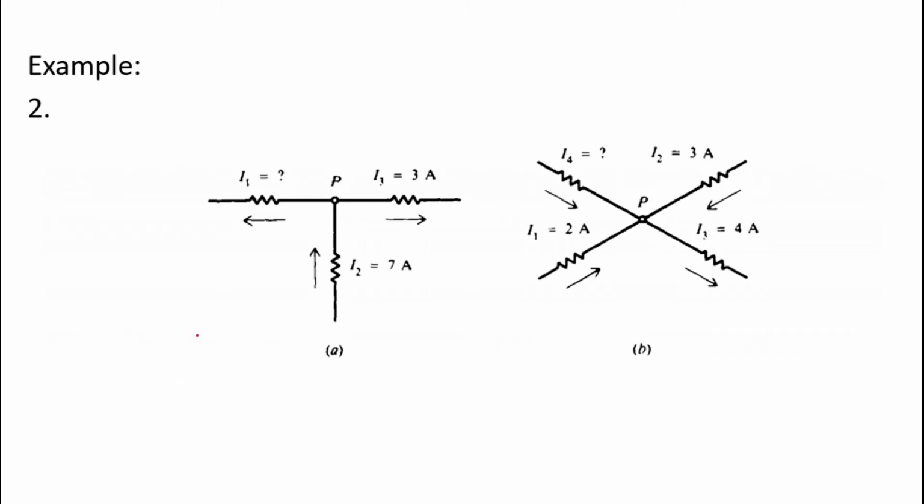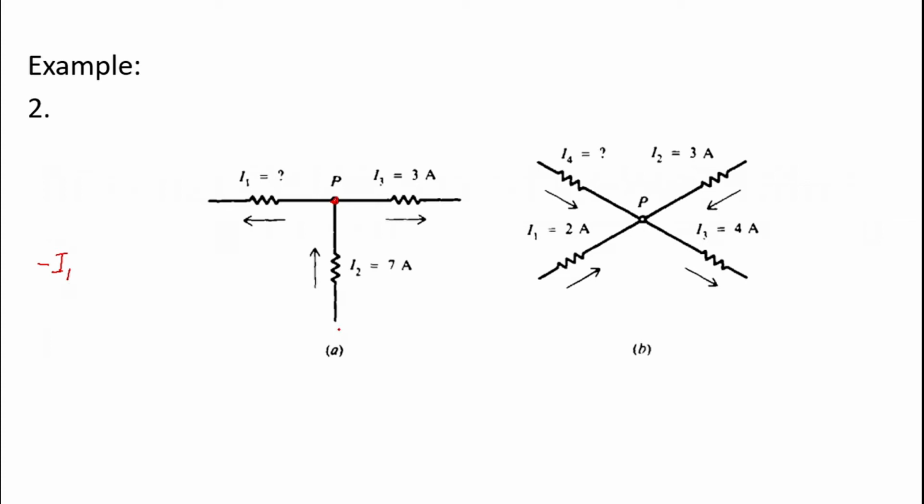Now, for illustration letter A, I1 is leaving the junction, I2 is entering the junction, and then I3 is leaving the junction. Now, determine the current I1 where I2 is equal to 7 ampere, and I3 is equal to 3 ampere. Equation: I1 is leaving the junction, so therefore it's negative I1.